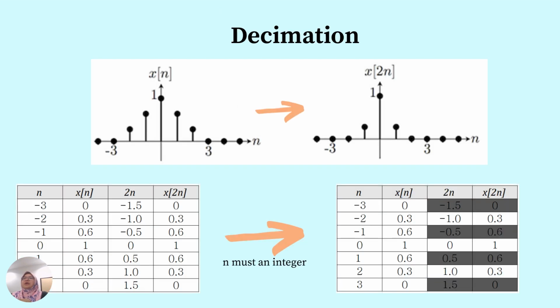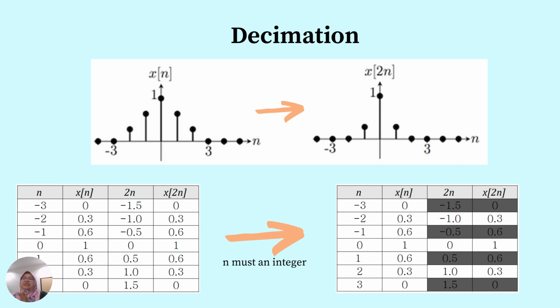Okay, and then we have seen the process of decimation, where in this example you have x[n] to x[2n]. The easiest way to do this decimation process is to use a table. You list out the n and you list out the x[n].